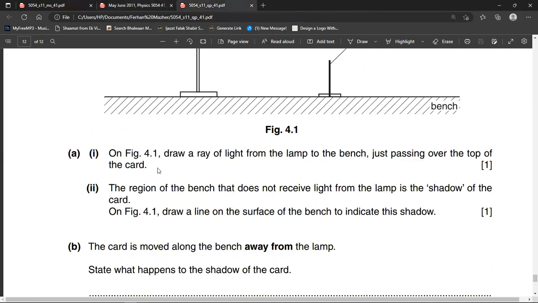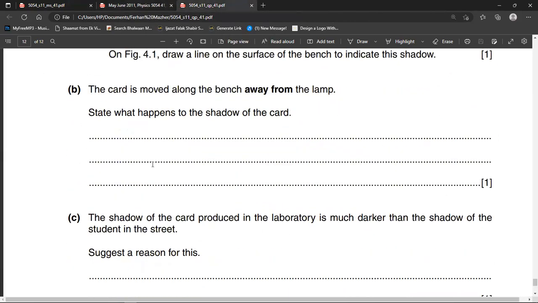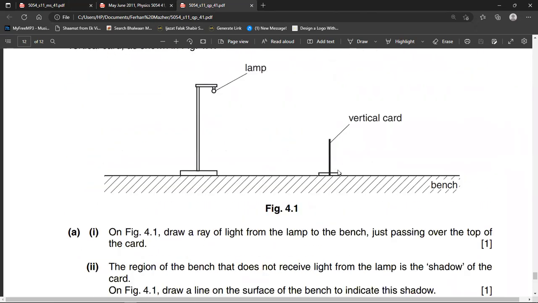Then the question is, the card is moved along the bench away from the lamp. State what happens to the shadow of the card. Okay, so it's a very tricky thing. If this point is here and you join this, so what will happen?